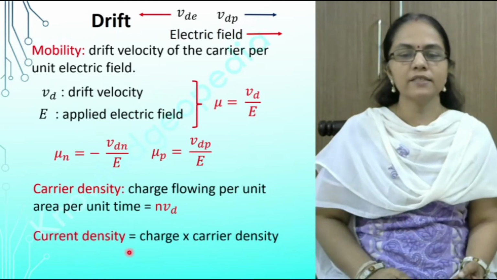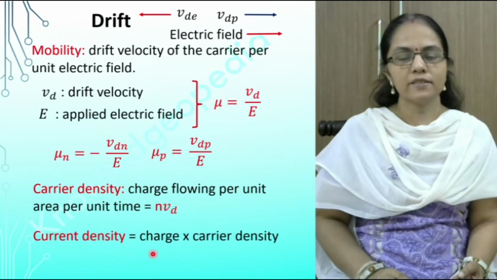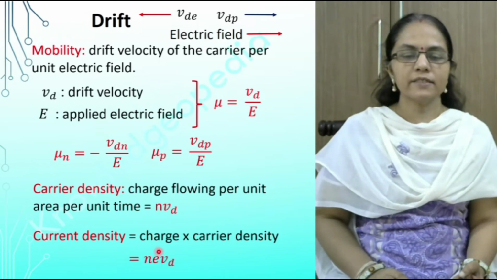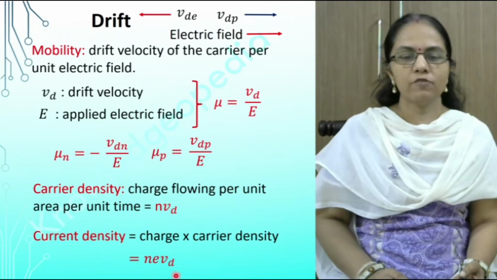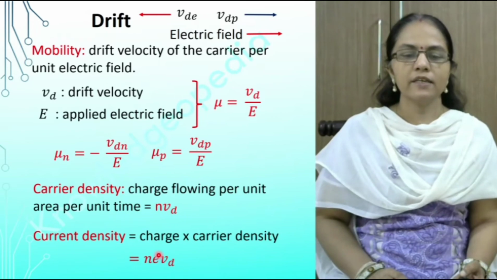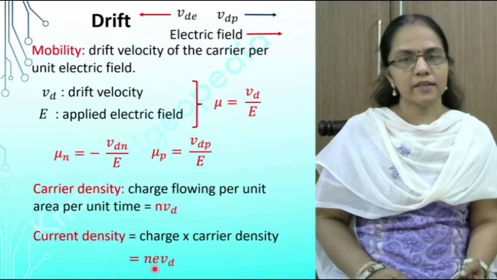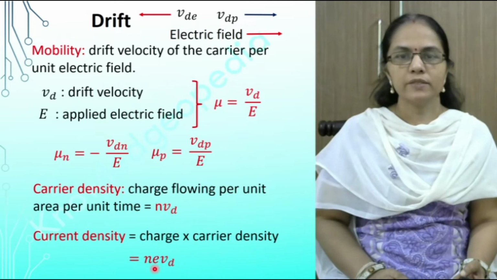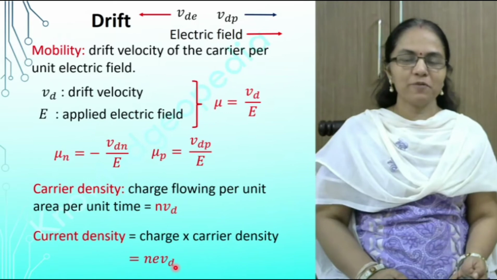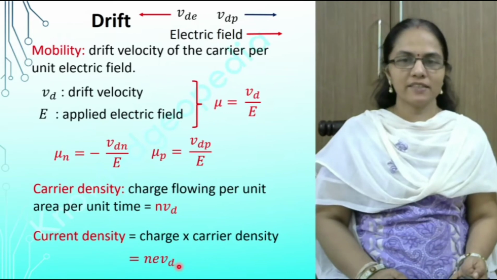That means the current density is equal to charge into carrier density. If we consider the charge as E, then the current density is equal to NeVd, because N into Vd is the carrier density, E is the charge, and the current density is equal to charge into carrier density. This is the general formula for calculating the current density.